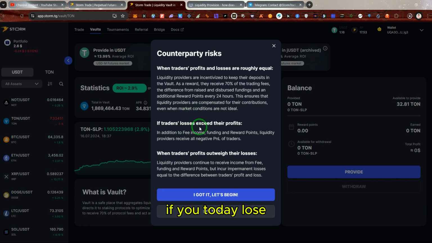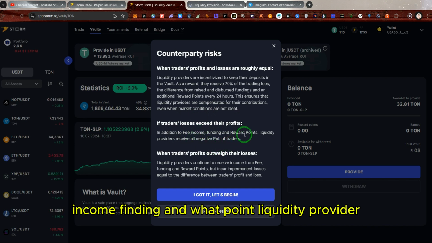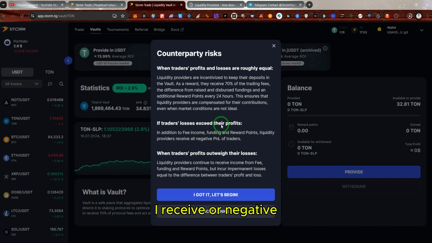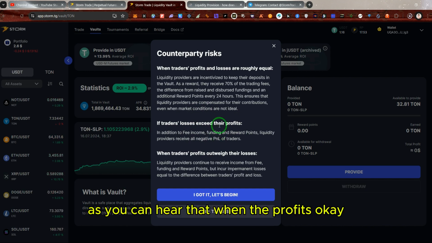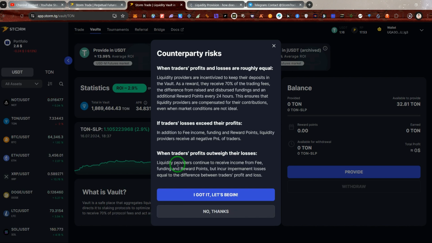If the traders lose and exceed their profit, in addition to fee income, funding and reward points, liquidity providers receive income from the fee. It's like when they profit, you are going to get money, and when they lose, you are going to do that one.